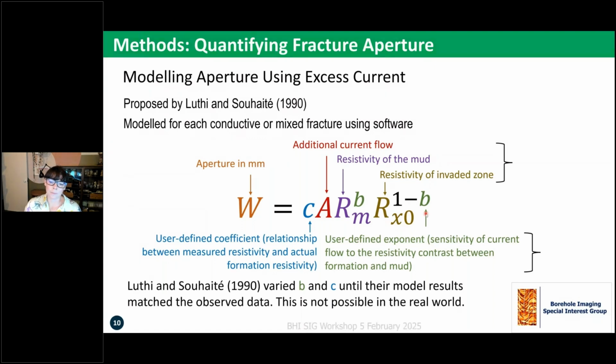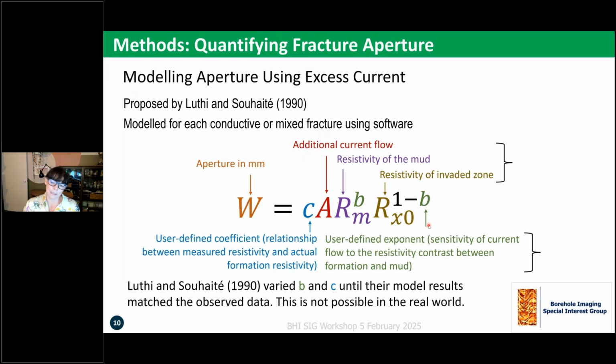The algorithm is based on a model that maps the additional current flow to an aperture, given that you know the resistivity of the mud and the resistivity of the invaded zone. During their research, they had their measurements, and then they calibrated this coefficient, this exponent, until their model results fit their observed.